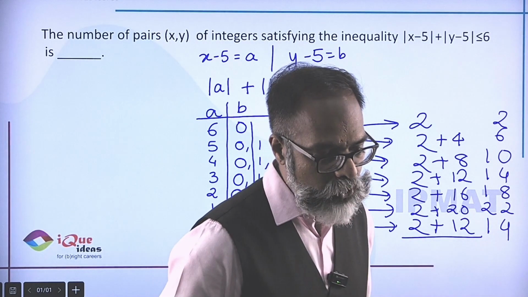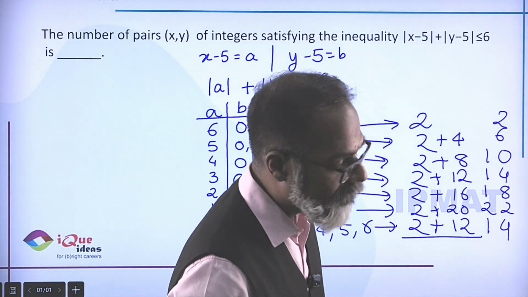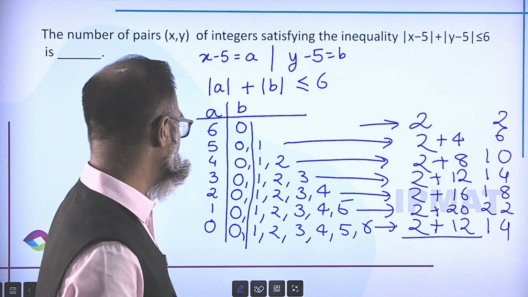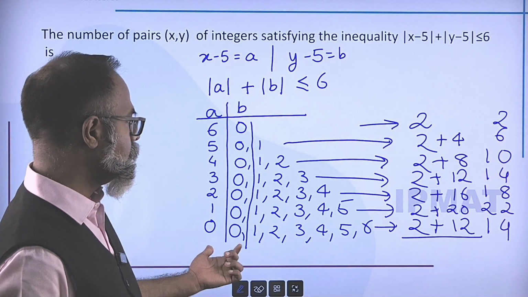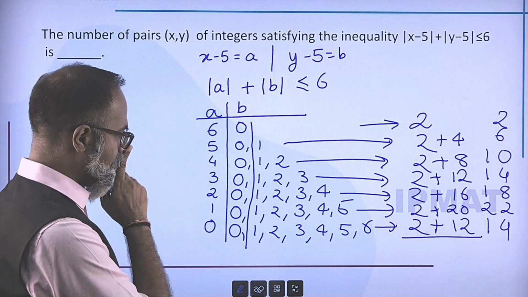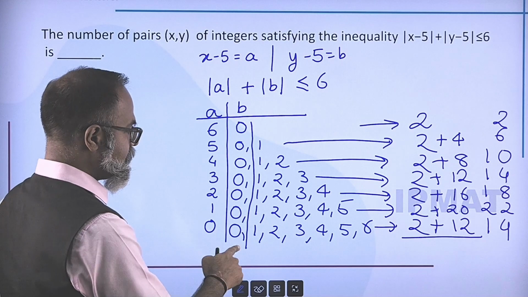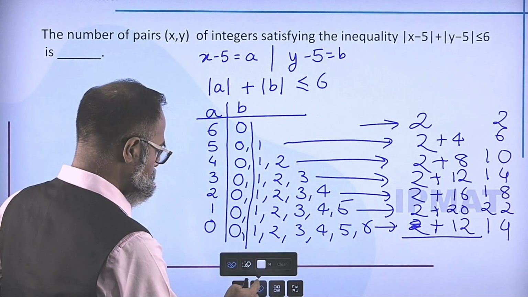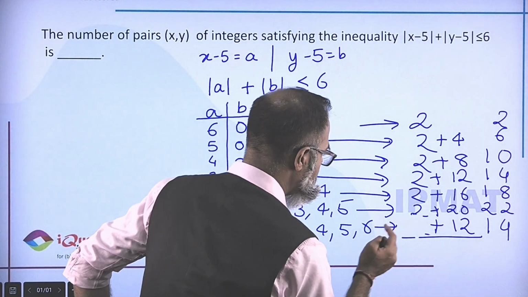So I get 2, 6, 10, 14, 18, 22 and 14 pairs. No, let us see whether we actually have 14 pairs here. No, 0 and 0. Okay, so this is only 1, right? That's the one error here.